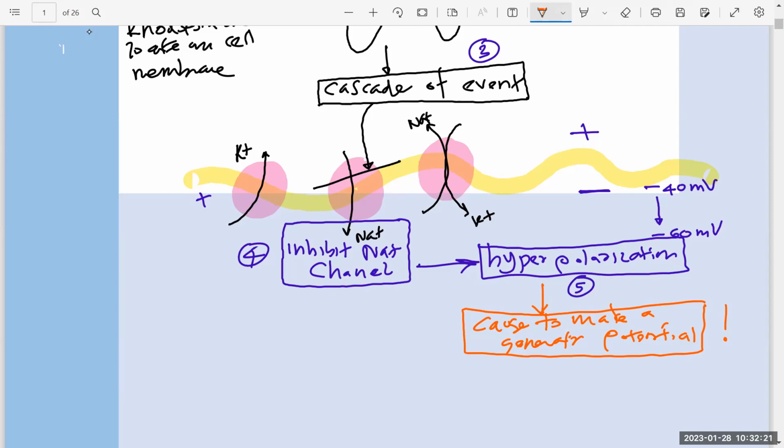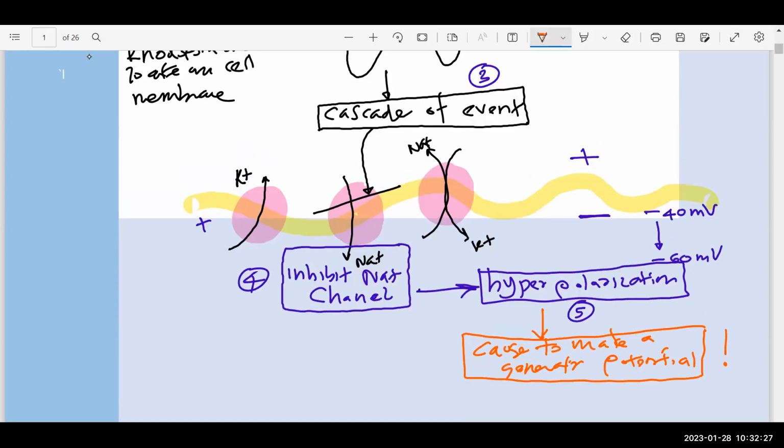If you look at the textbook, it mentions that hyperpolarization causes the generator potential. But from what we have learned so far, this is not possible, because we learned the opposite.